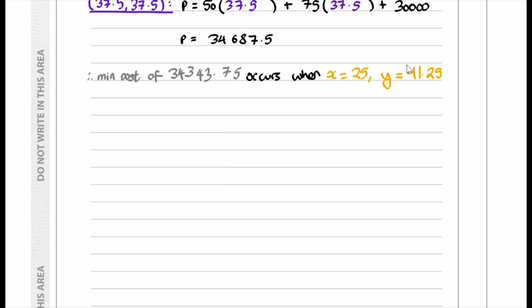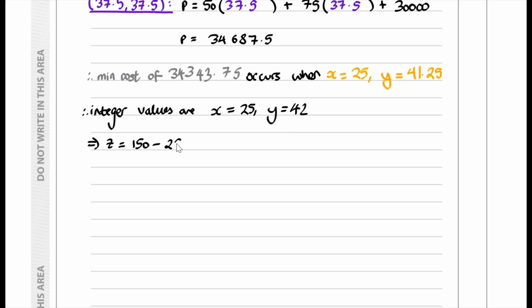So therefore the integer values are 25, and this 41.25 we round up. So we have the integer values of x equals 25 and y equals 42, and then from this it would follow that z equals 150 minus 25 minus 42, which is 83.